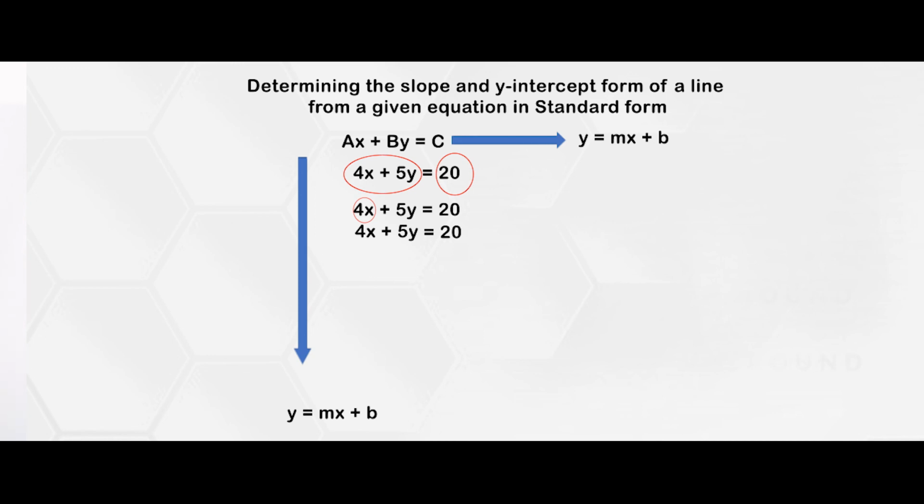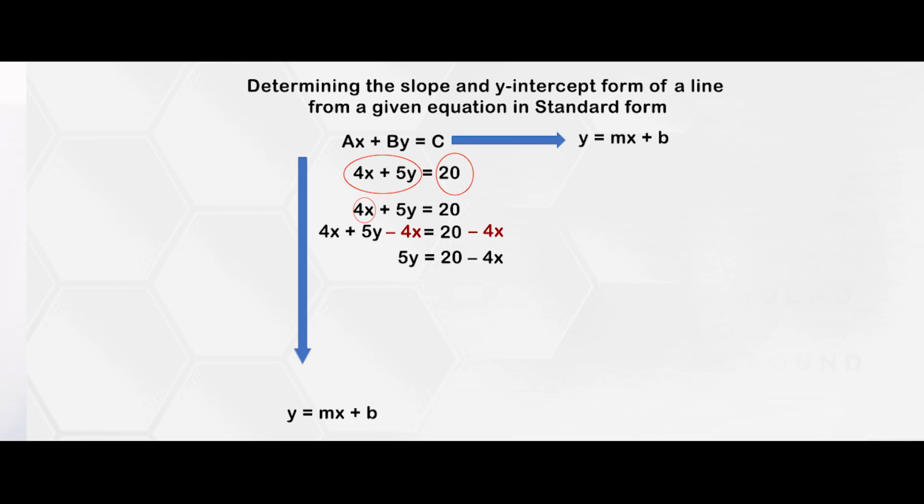But should I subtract on the left hand side or right hand side? The answer is we have to subtract on both the sides because we do not want to disturb the balance. They are perfectly balanced and they are perfectly equal. So we subtract 4x on both the sides. 4x is gone, but we are now left with 5y equals 20 minus 4x.